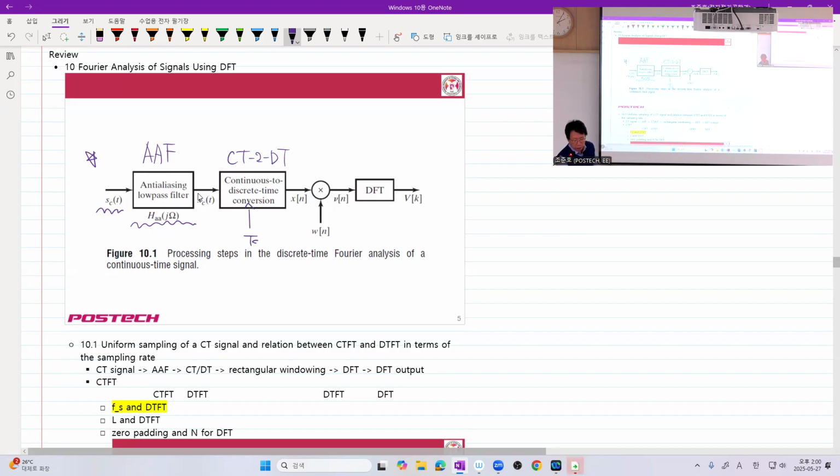So T or Ts, whose inverse is Fs. And here comes a discrete time signal, which is the uniformly sampled version of this one, which is already low-pass filtered. And here, if we perform the discrete time Fourier transform, we would have a periodic signal with period 2 pi.